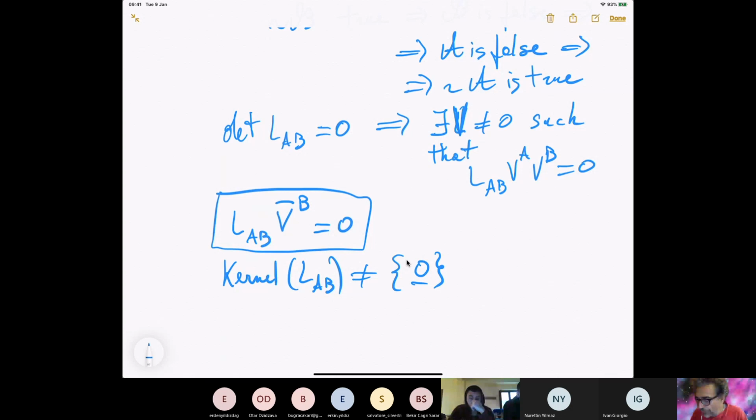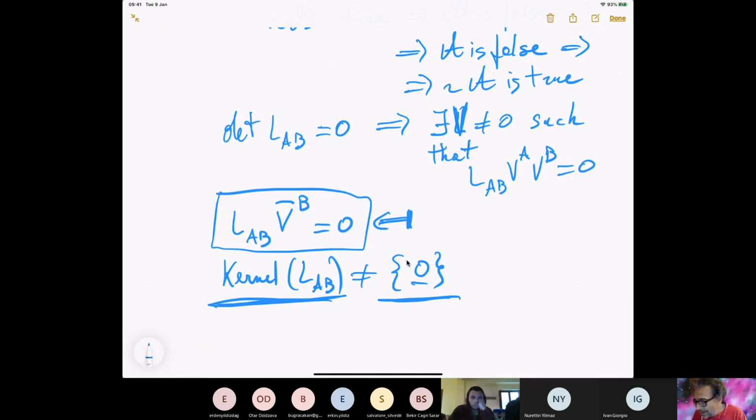When the determinant of LAB is equal to 0, then this homogeneous equation here has non-vanishing solutions. So the kernel is different from the singleton of the vector 0. Okay? So to say it simply, I have a non-vanishing vector, which is solution of the homogeneous equation.